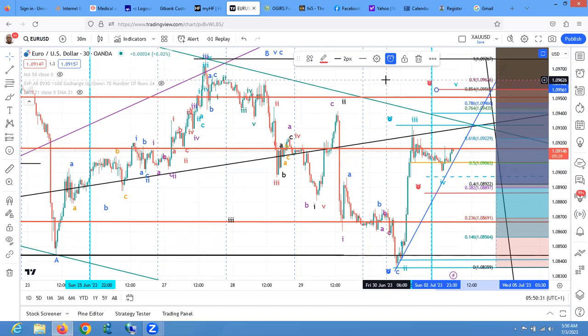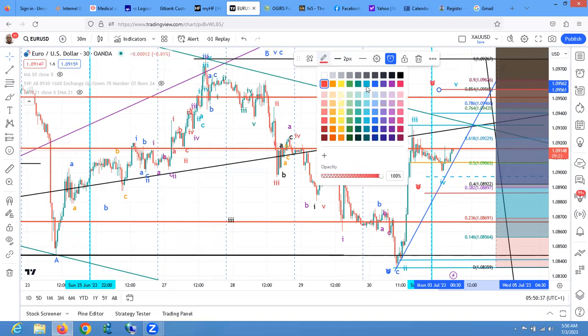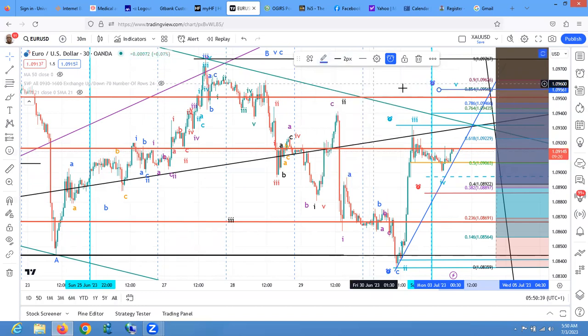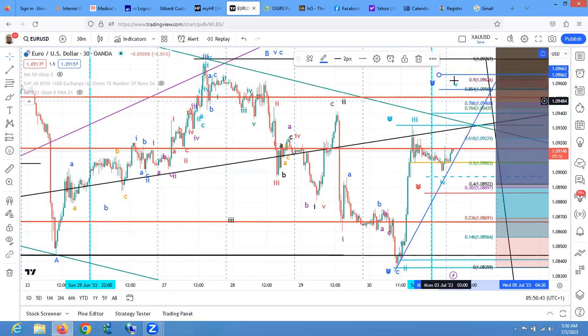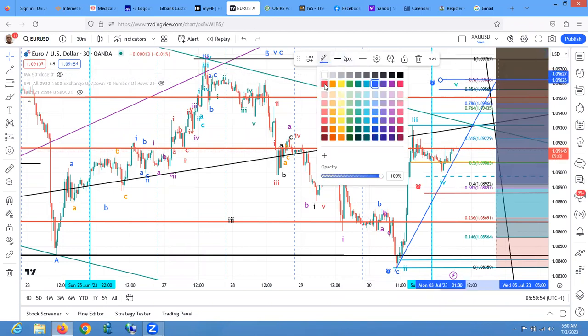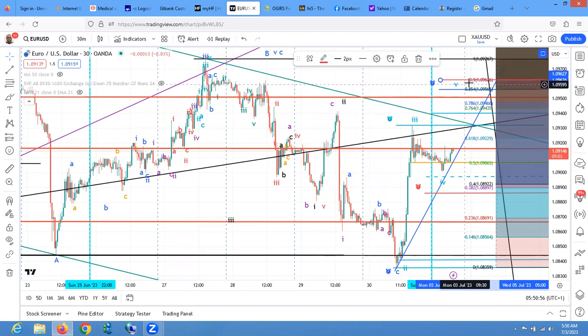So the limit of correction will be that. Let's use this color because it could turn down. And once we break out of that place, and we are even touching 90, anything in between this space here is a no-no. Anything in between this space tells you we are going up.